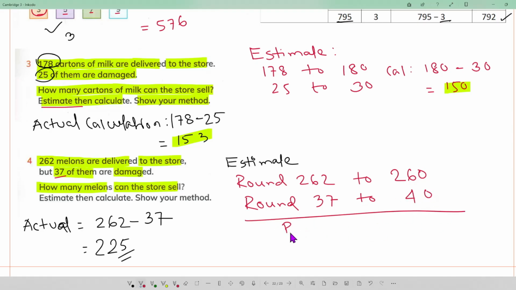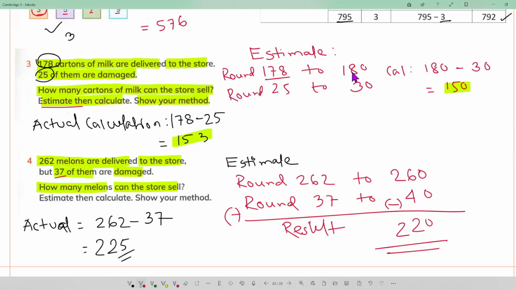So the estimate subtraction result: 0, 6 minus 4 is 2, and 2. This is our estimate result. You can also use round, R-O-U-N-D, here and here, right? Round 178 to 180 and round 25 to 30. So the calculation is 180 minus 30. Similarly here, 260 minus 40 will be 220, right? It's the estimate, and the actual is 225.